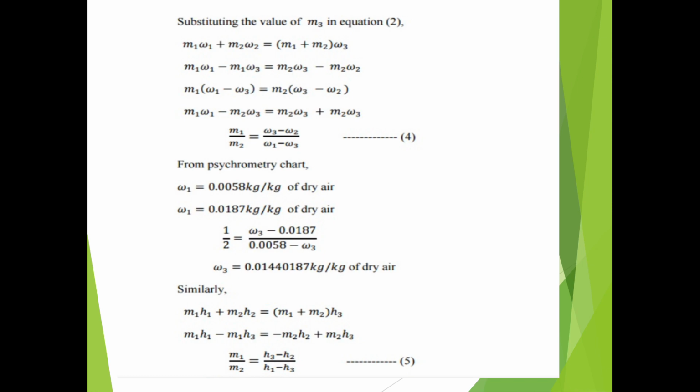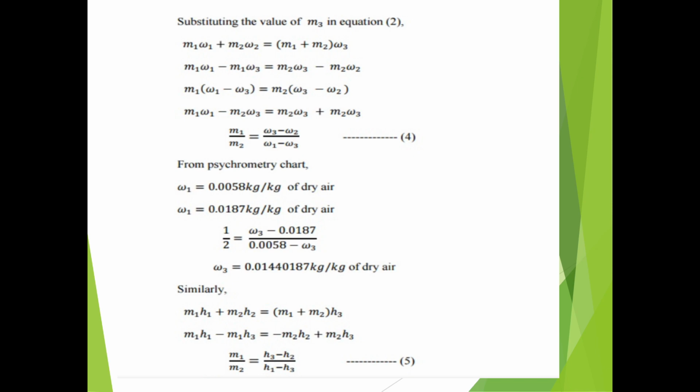So M1 W1 minus M1 W3 is equal to M2 W3 minus M2 W2. M1 into W1 minus W3 is equal to M2 into W3 minus W2. So M1 divided by M2 is equal to omega 3 minus omega 2 divided by omega 1 minus omega 3.